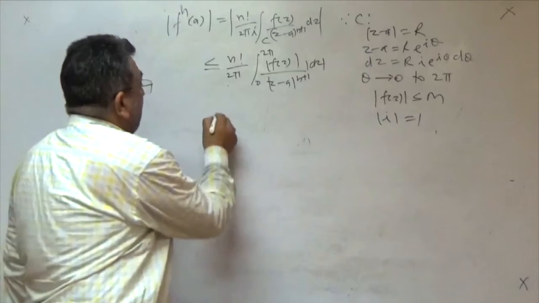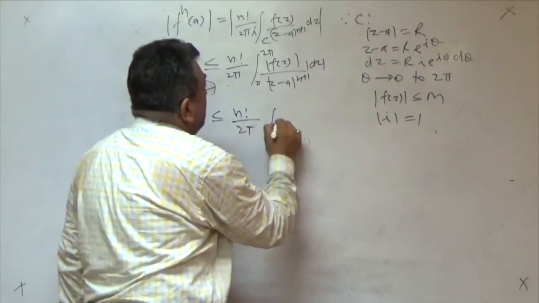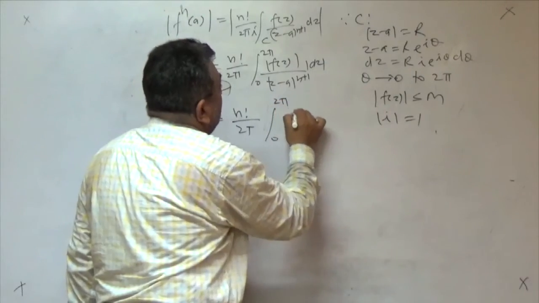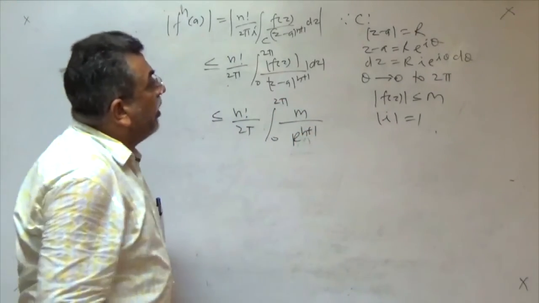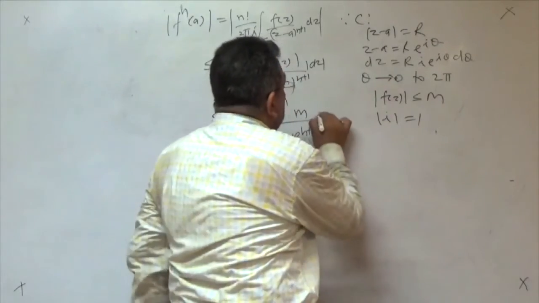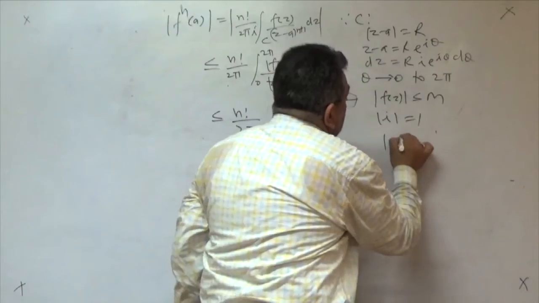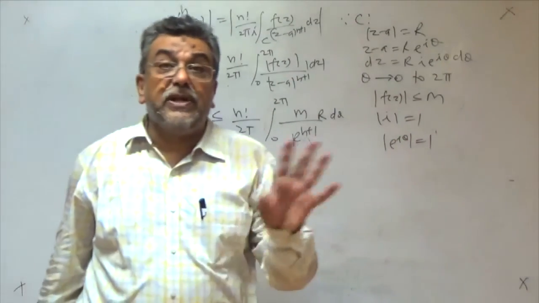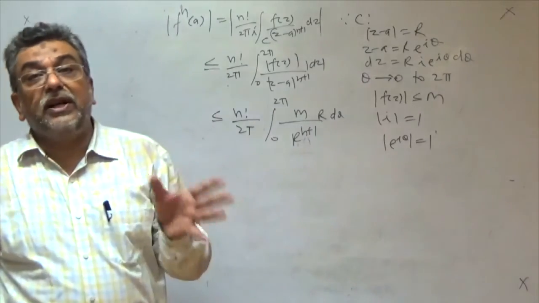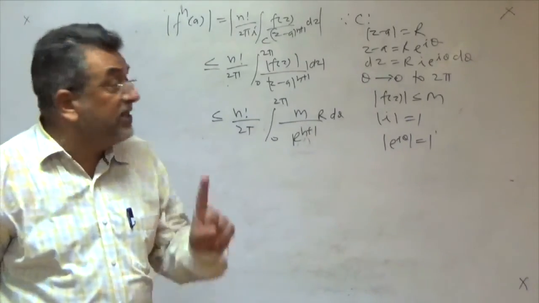Simply put the values: mod f(z) is M, this is r to power n plus 1. Mod dz is r d theta, because mod e^(i theta) is also equal to 1, since e^(i theta) equals cos theta plus i sin theta. If you take the mod, then under root cos square theta plus sin square theta, and you know that sin square theta plus cos square theta is 1.